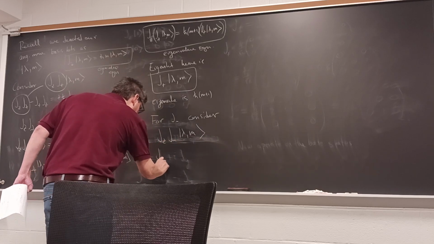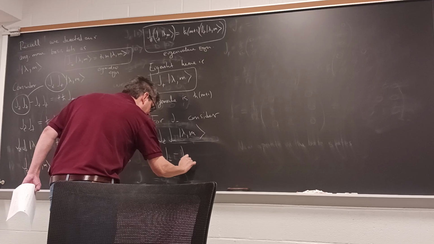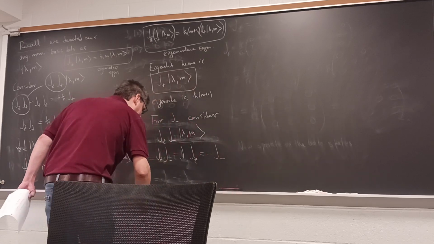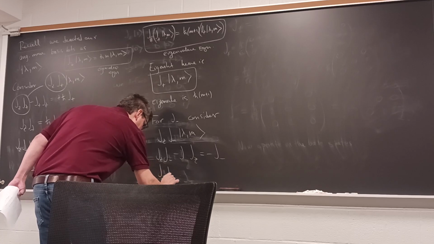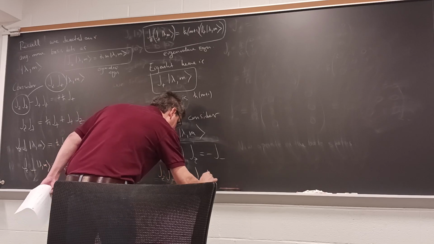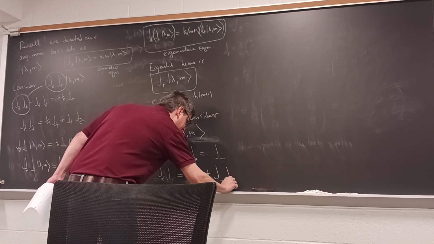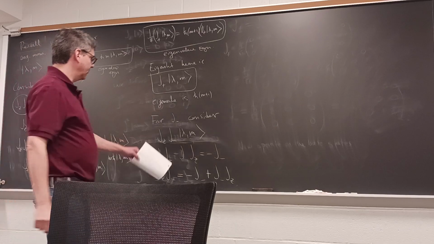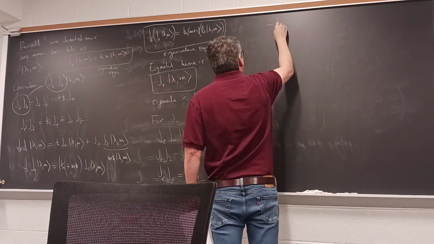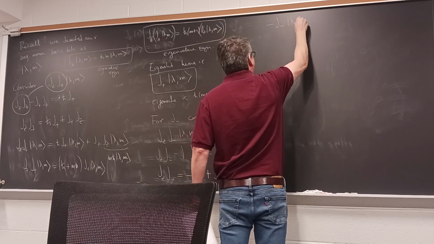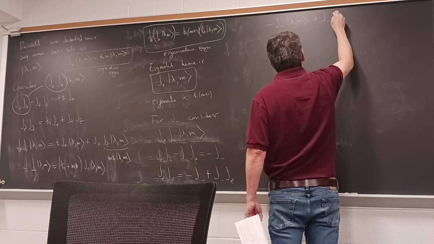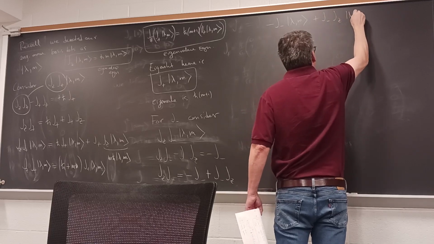So we have jz j minus minus j minus jz is equal to minus h bar j minus. So that means jz j minus is equal to minus j minus plus j minus jz. And then we can substitute it. So we'll have minus j minus on lambda m plus j minus jz on lambda m.